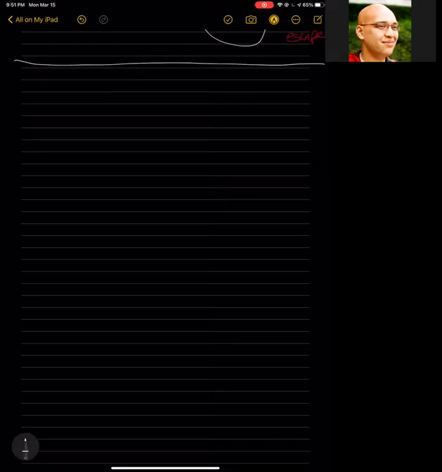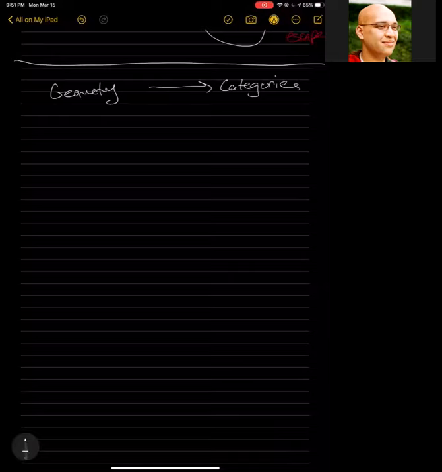I'll explain these principles in the following way. There's geometry, and then there are effects on the categories. The first thing is that stop removal goes to quotients of categories.